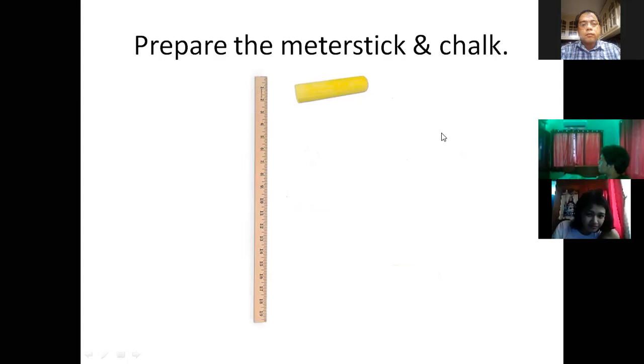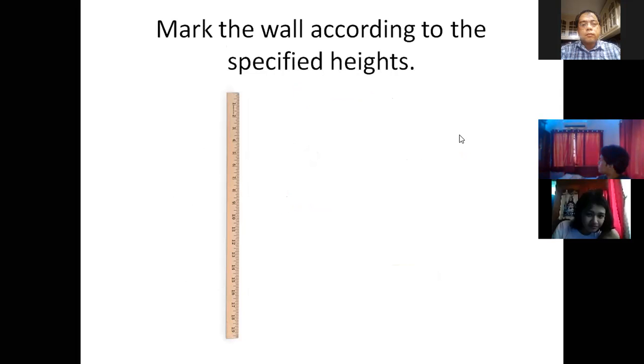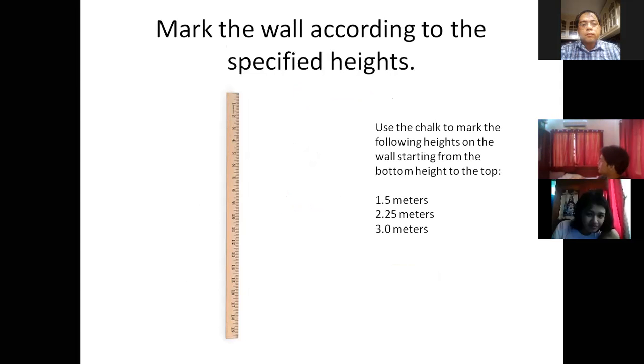And next, we are to mark the wall that you have in your house. Maybe you locate some kind of wall there, and you are to specify some markings on the wall. So you are to mark heights of 1.5 meters, 2.25 meters, and 3 meters on the wall.